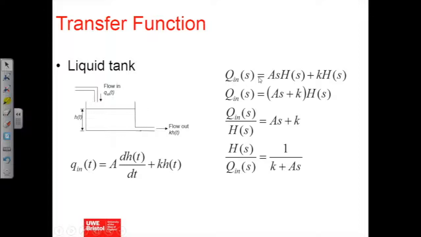Transform it and rearrange to give me output H over input Q in. And it ends up looking like 1 over K plus AS. Remember that pattern.